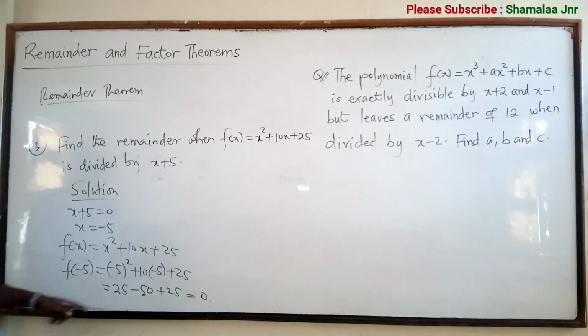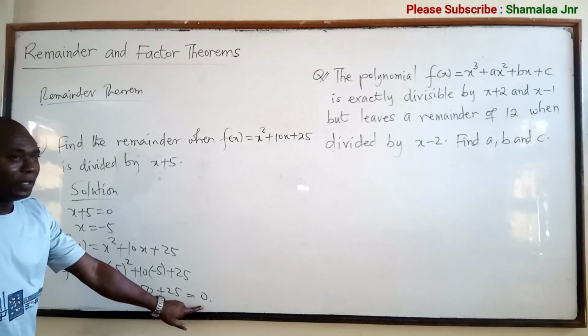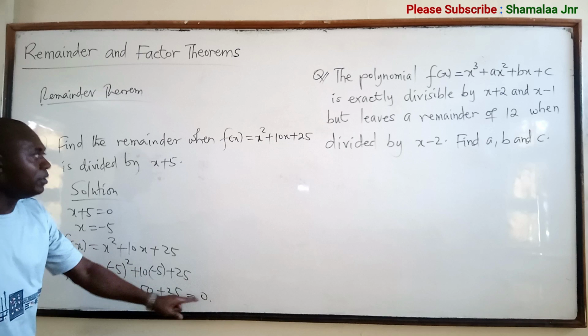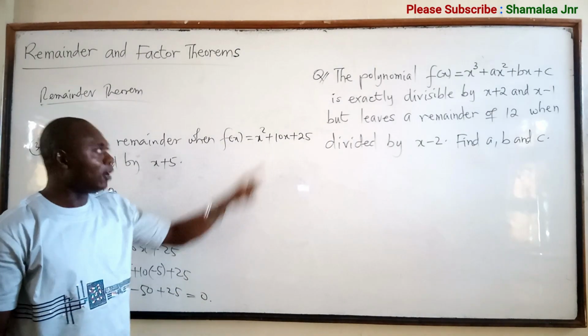So viewers, here the remainder is 0, isn't it? If the remainder is 0, it means that this is a factor of this.